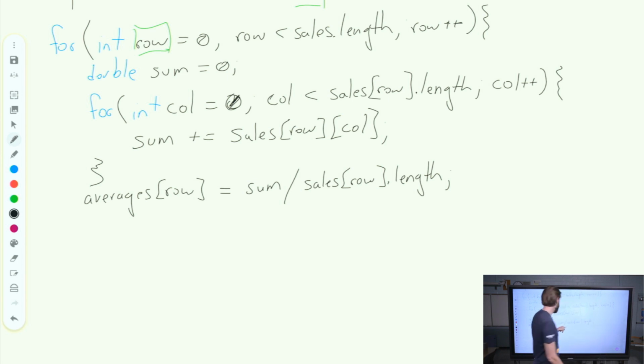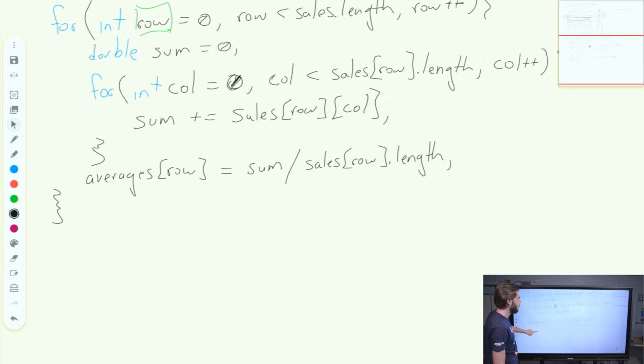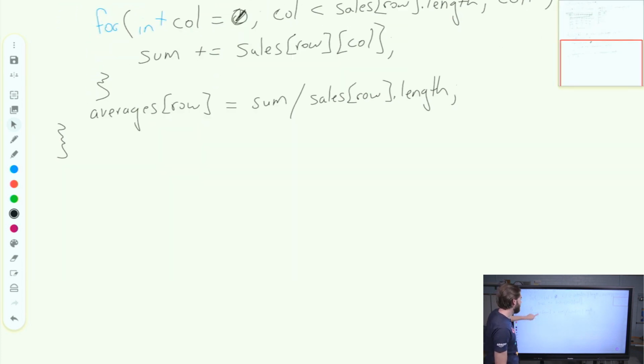And I'm going to save myself because this sum is already a double, which will automatically promote this to a double here. You'll get double math, which will save it into our averages as a nice double that is not truncated. We can close our for loop, and there we go. That's real simple, quick, and easy.